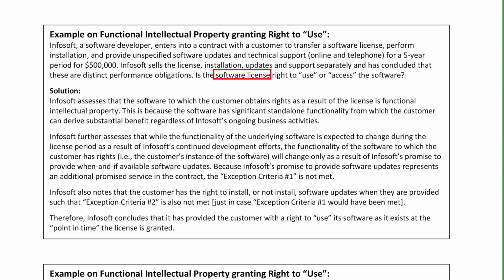Now, the software license is a functional intellectual property because the software has significant standalone functionality. Now, because Infosoft's promise to provide software updates represents an additional promised service in the contract, exception criteria 1 is not met.